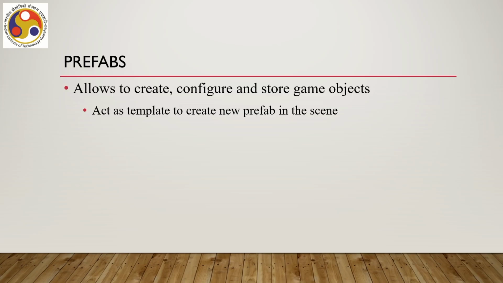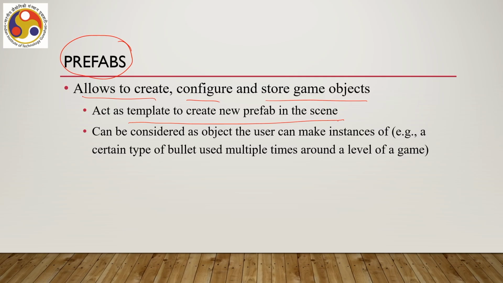That is game objects. Next is prefabs, another fundamental concept. It allows us to create, configure and store game objects, and acts as a template to create new instances in the scene. We can think of prefabs as objects that the user can make instances of.